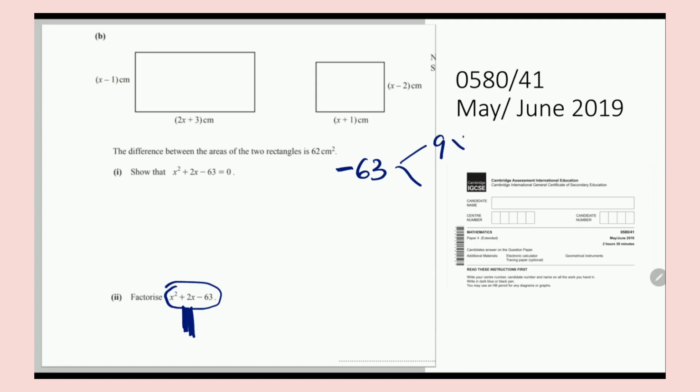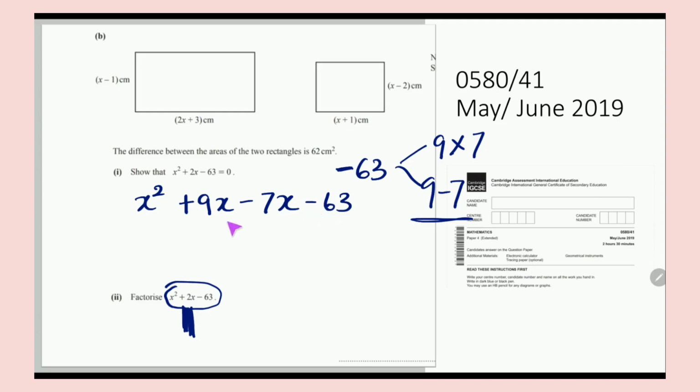So we know that 9 times 7 is 63. So 9 minus 7 also makes a positive 2, isn't it? So we can say that the factors that we should take and split the middle term into will be x squared, then a positive 9x minus 7x minus 63.